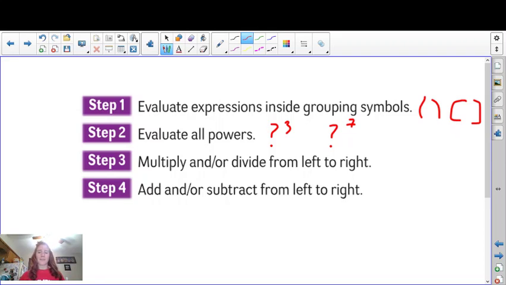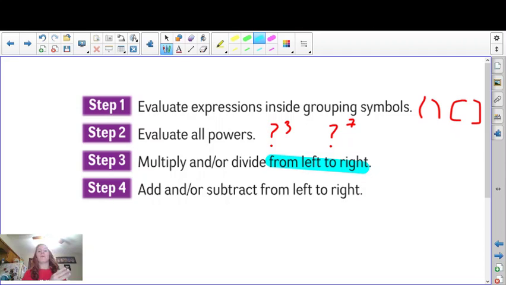Multiply and or divide from left to right. And this is my big issue, that this is where most people have issues, that you have to go from left to right. It's multiply or divide, either one. If I see division first, then I divide first. If I see multiplication first, then I multiply first. It has to go from left to right.